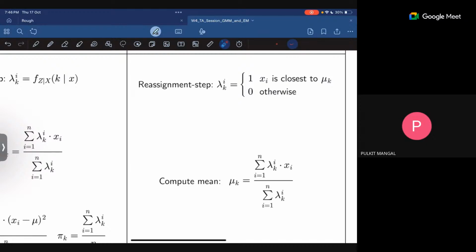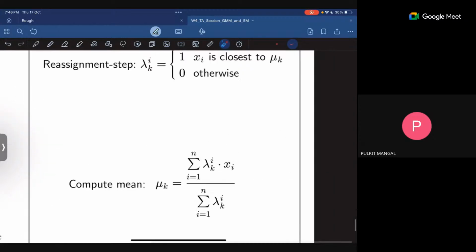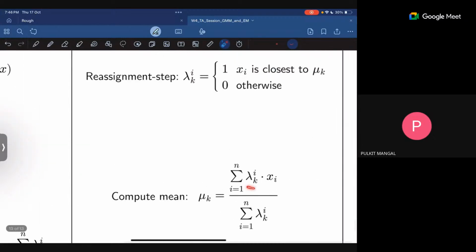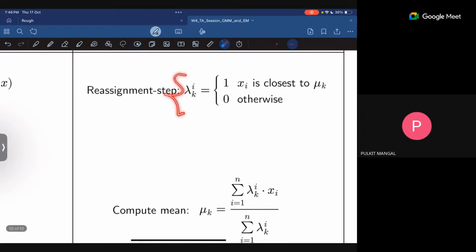You will take all the data points that belong to that cluster k and take the mean, right? So here, if you see what we are doing, we are multiplying all data points, from i equal to 1 to n, with this lambda ik, and dividing also by the summation of lambda ik from i equal to 1 to n. But here, the lambda ik can only take two values, either 1 or 0.